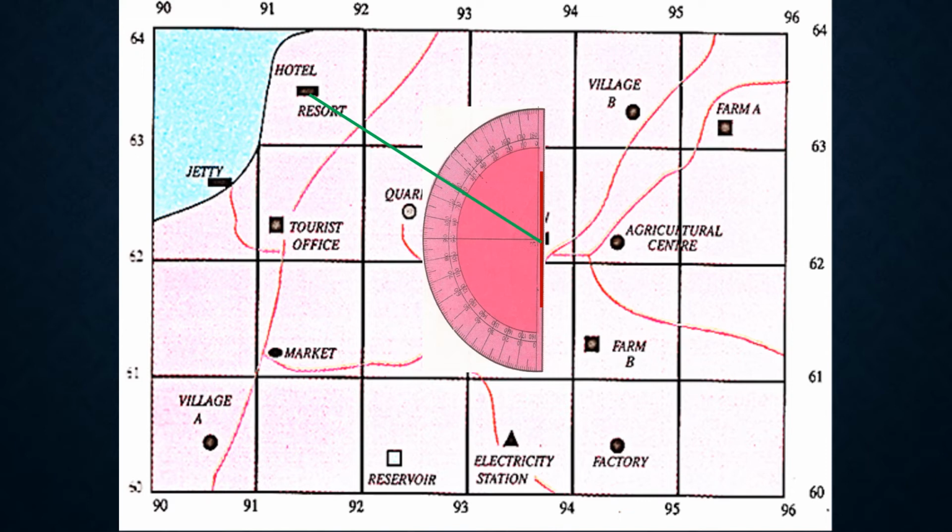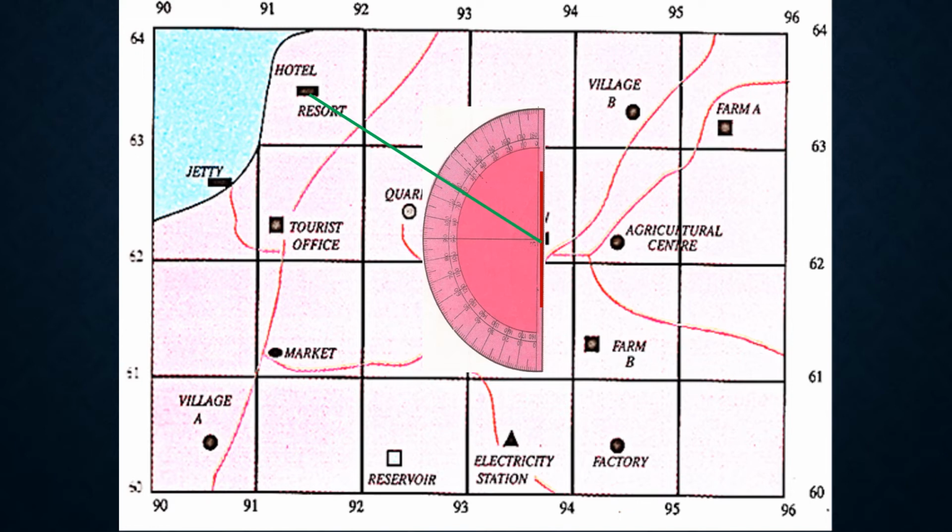Just 1 degree shy of the 300 degree mark, but it is still our bearing. So the bearing of the hotel resort from the bus station is approximately 299 degrees. Again, students, the bearing of the hotel resort from the bus station is approximately 299 degrees.